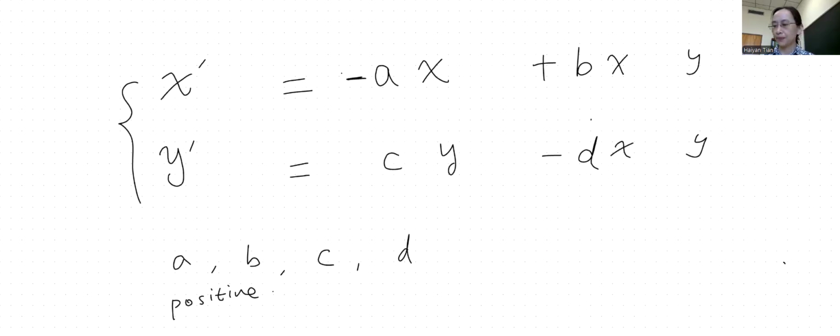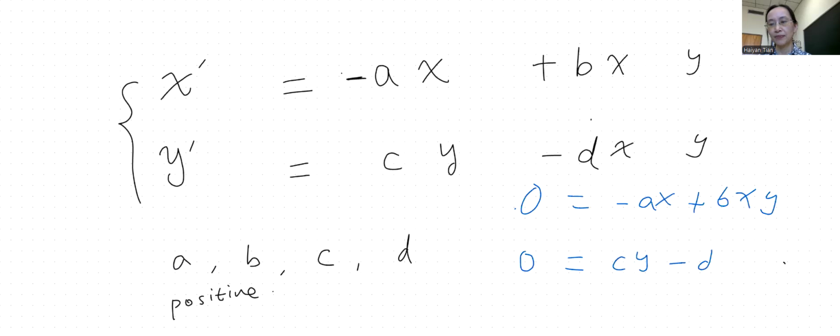That is, if x and y are both constant functions, then derivative of x will be 0. Thus, the first equation becomes... if y is a constant function, then derivative of y will be 0. cy minus d xy.